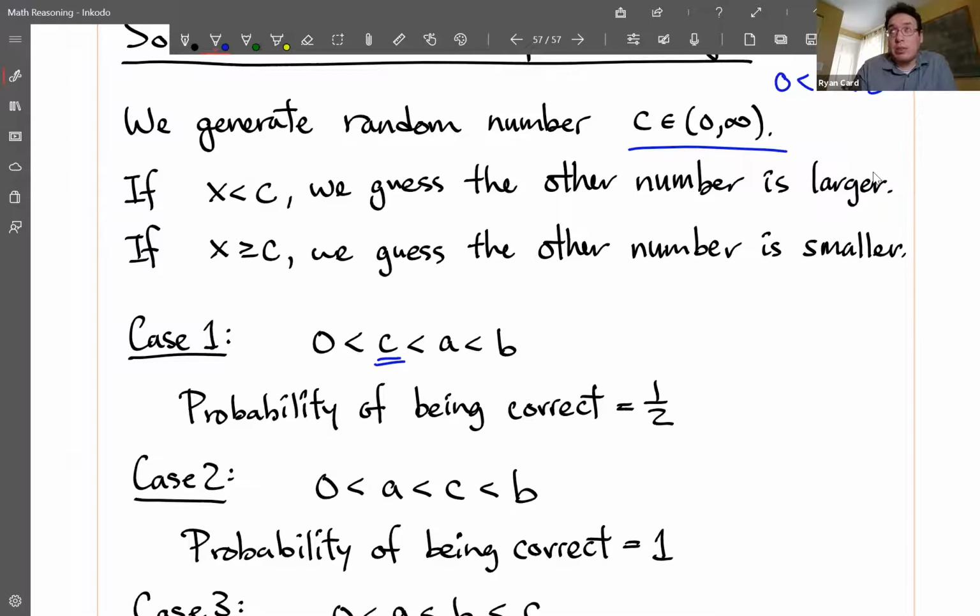And because the probability that the number you get is bigger is exactly 1/2, the probability of being correct with this strategy in this case is exactly 1/2. If you see A, you would have guessed smaller, which is wrong because the other number is bigger. But if you see the bigger number B, you would have guessed that the other number is smaller, which is correct.